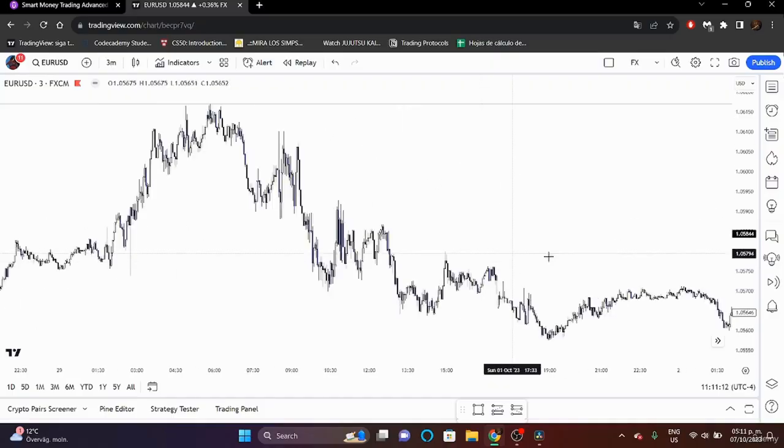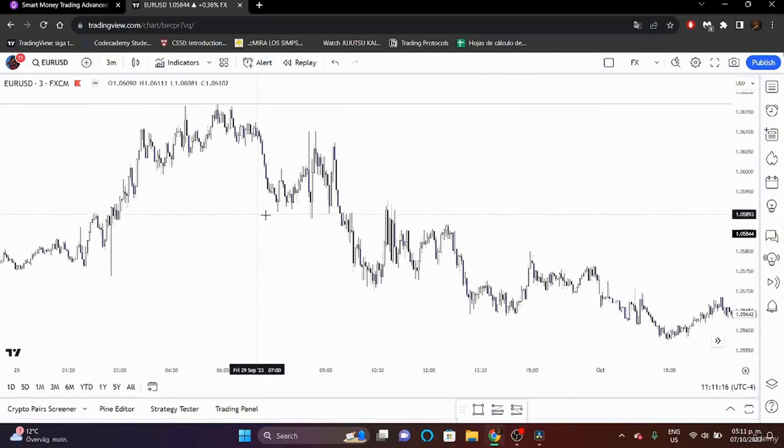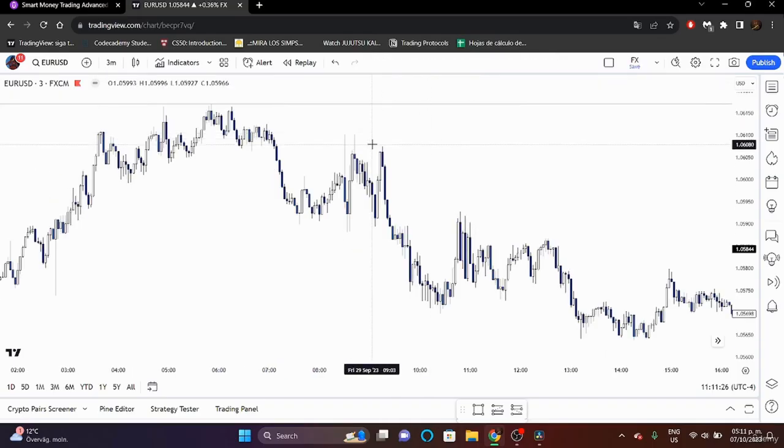Let's give one last example. Okay? One last example. What do we have here? Well, we have this. We take the liquidity by a little bit. Then we take the liquidity, we go down, we go up, a bit of choppiness, okay, and we go lower.